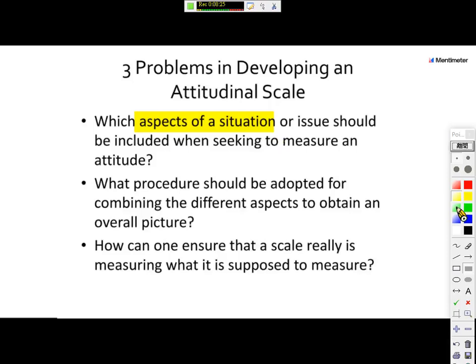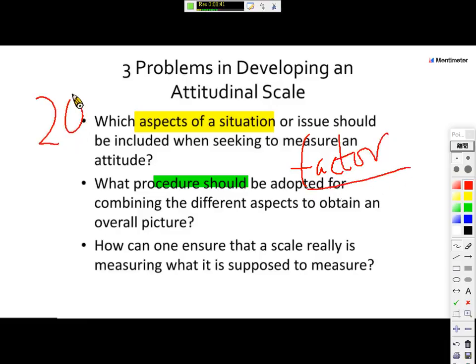Okay, and the next one is what kind of procedure should be adopted by combining the different aspects to obtain the overall picture. For one, I just pointed out we can use factor analysis. Let's say we have 20 different items. With factor analysis, we are able to downsize it to 3, 4, or 5.